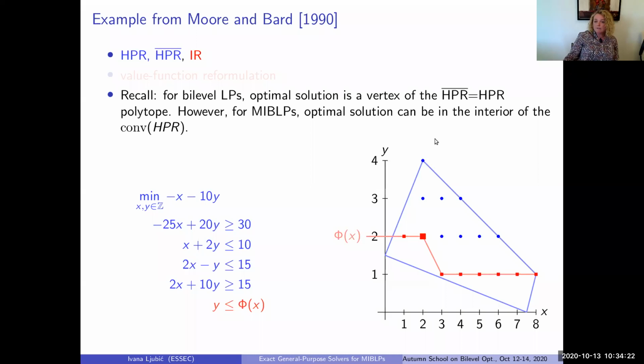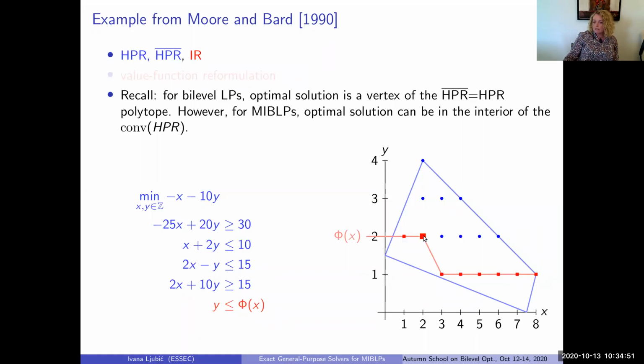Even if you have a look at the convex hull of the integer points of the HPR relaxation, you will figure out that the optimal bi-level solution lies, in this particular example, in the interior of this convex hull. Namely, the optimal solution for our bi-level optimization problem will be the point 2, 2.